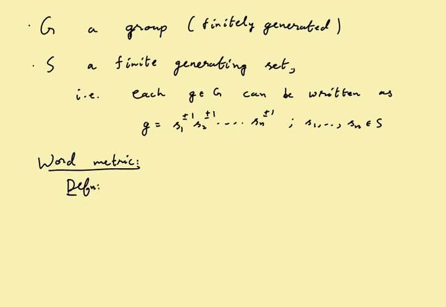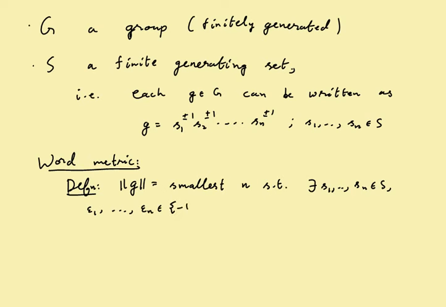So definition: the norm of g is the smallest n such that there exist s1, ..., sn in S, and let me be precise, epsilon 1, ..., epsilon n in {minus 1, 1}, such that g is s1 to the epsilon 1, s2 to the epsilon 2, ..., sn to the epsilon n.